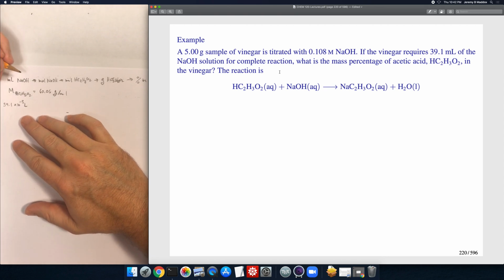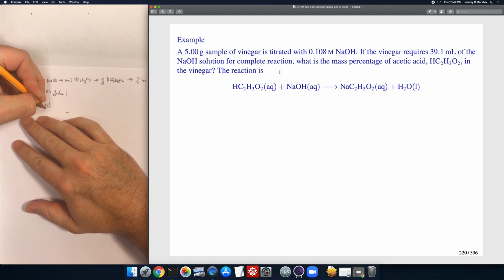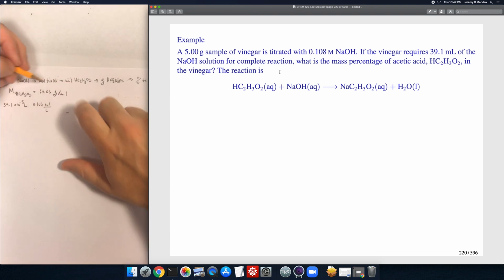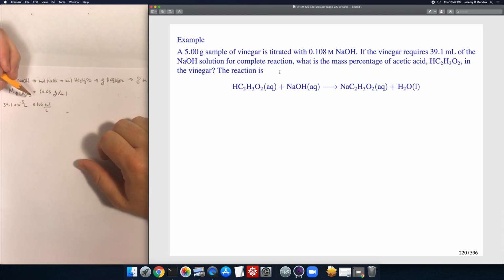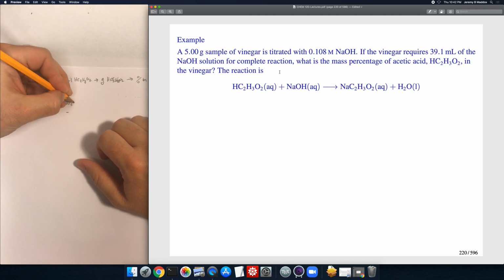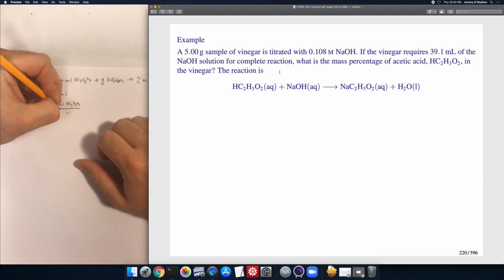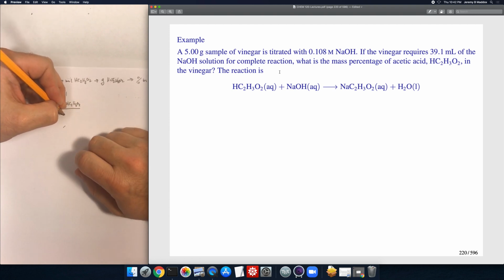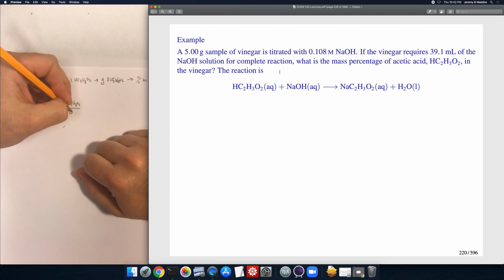Now we're going to multiply by the molarity of the sodium hydroxide. So we'll have the moles of sodium hydroxide. You'll notice in the reaction it's a 1-to-1 ratio between the moles of acetic acid and the moles of the sodium hydroxide.